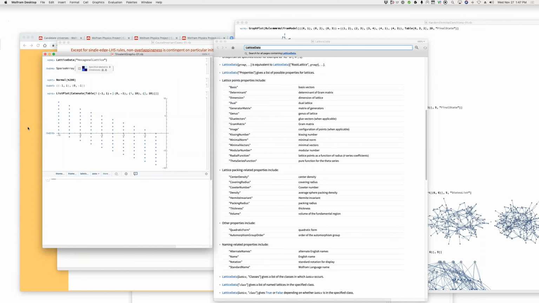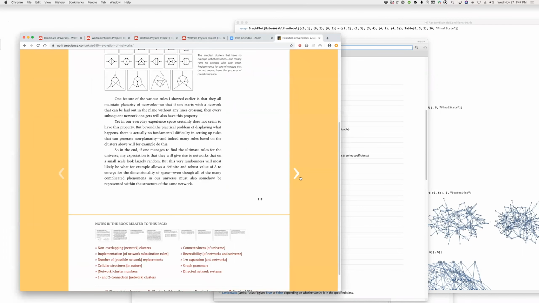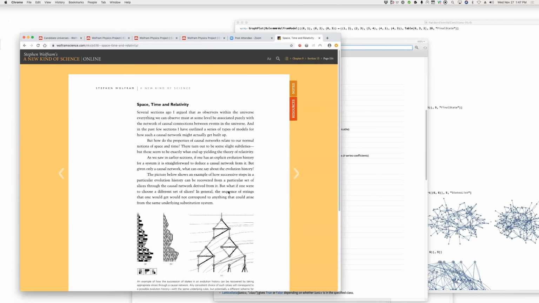Let me look in the NKS book. I had 2 different places where I talk about this.